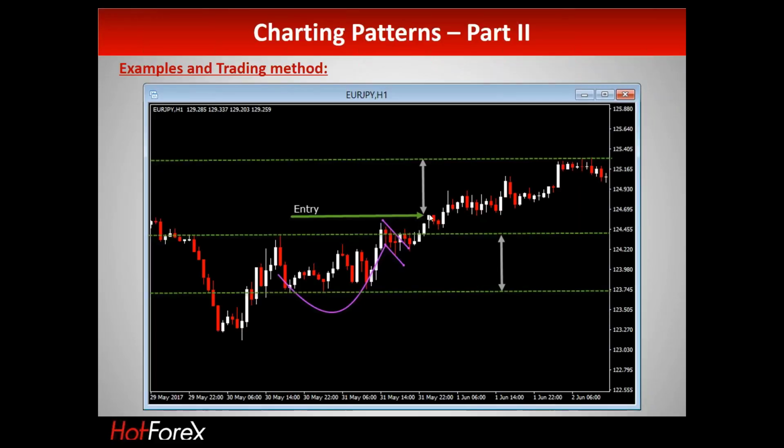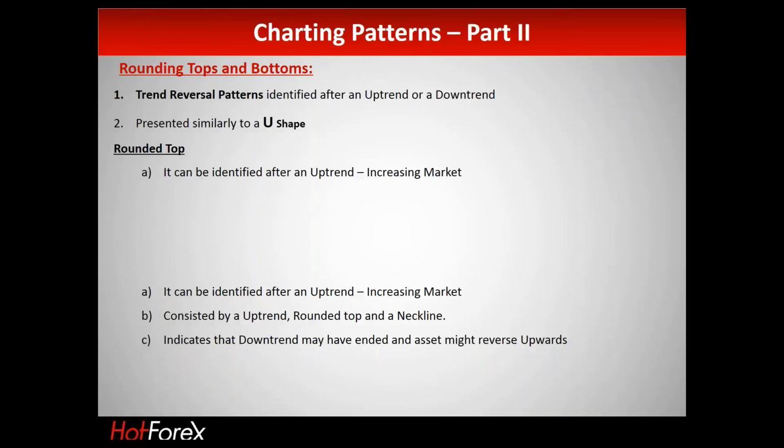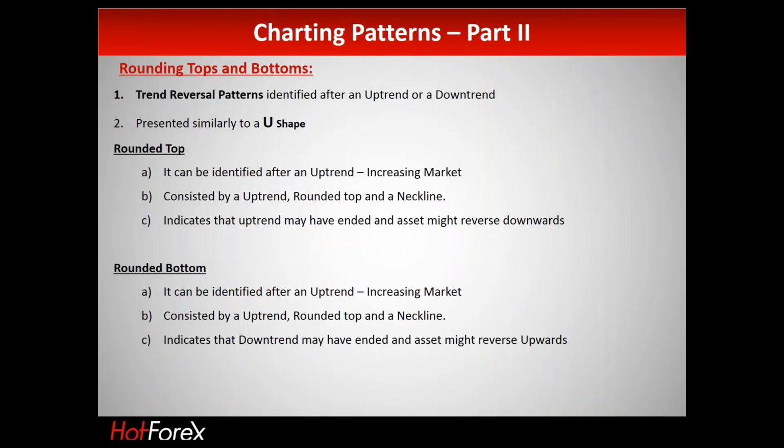So I enter here. I set my target at the same distance as the distance between breakout and the bottom of the cup. So that was our cup and handle pattern, which would be only bullish, as I said.